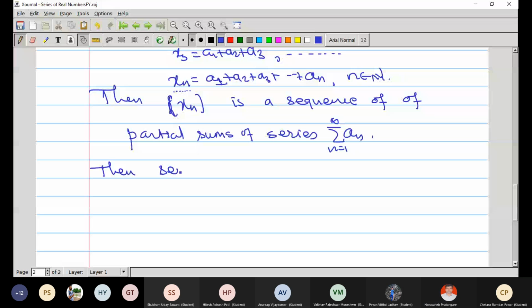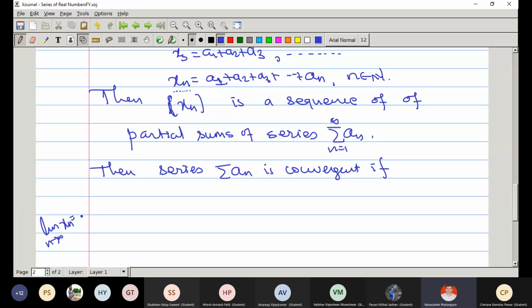And therefore, the series an is convergent if, suppose I take the limit as n tends to infinity of xn, that means I am adding all the terms, and if the limit of xn exists, what will happen? When I say limit as n tends to infinity of xn, what does it mean?